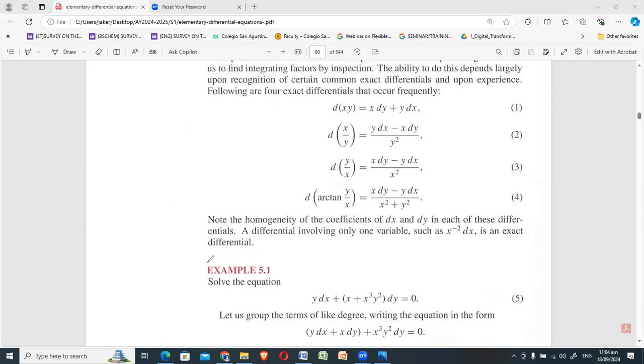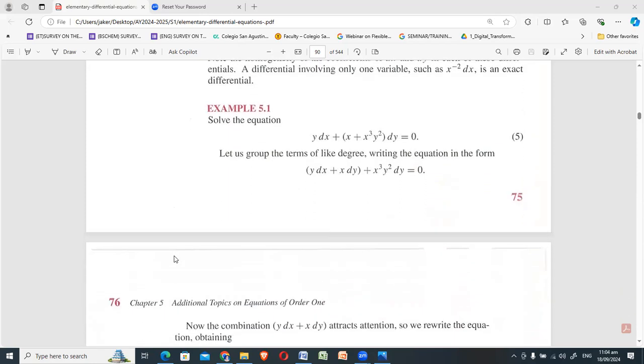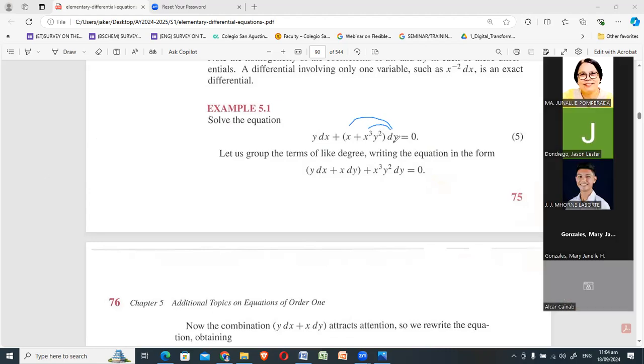Okay? Now, I'd like to use the example provided here in your book. This is the original DE that is given. Since the coefficient of the differential of y has two terms, as it is a polynomial, you first distribute the differential of y to x plus x cubed y squared.